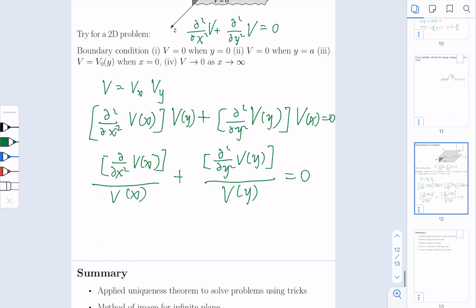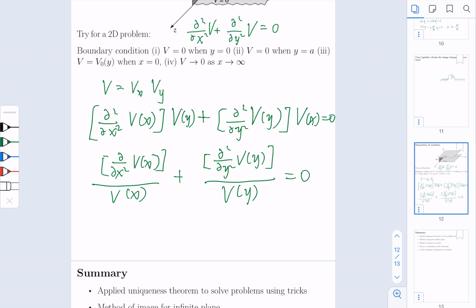Now the next step is to see that here on the left it's an expression that only involves v of x, and on the right is an expression that only involves v of y.